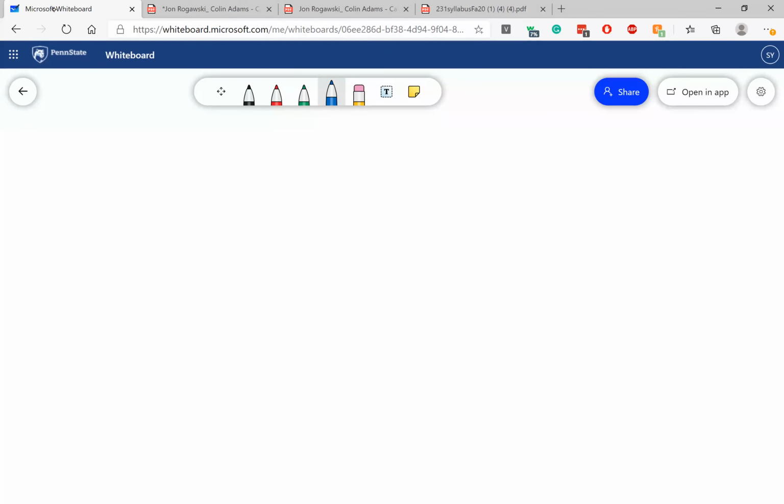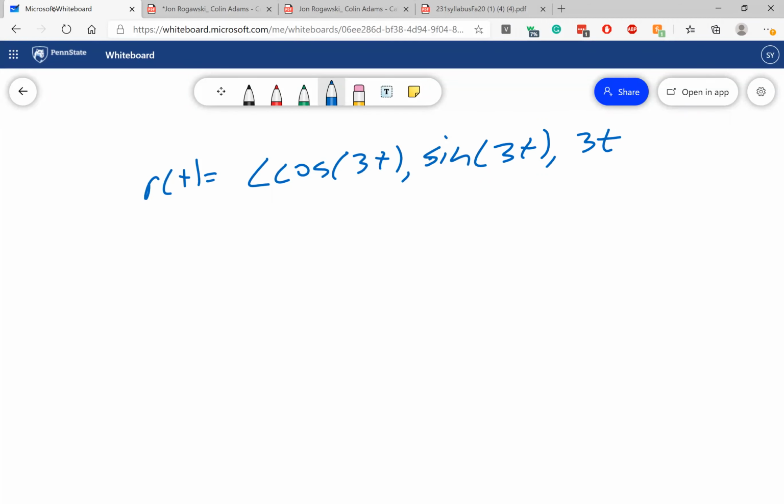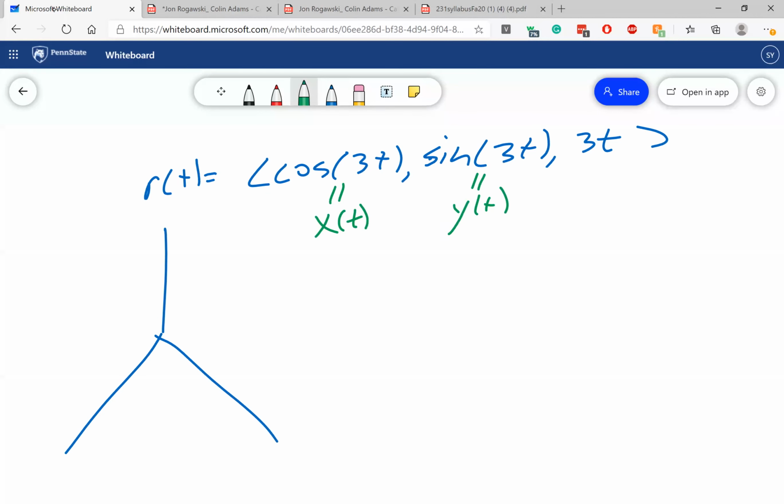Okay. So r of t was equal to cosine of 3t, sine of 3t, and 3t. So this is a helix. If you look at just the first two coordinates, this is x of t, and this is y of t.